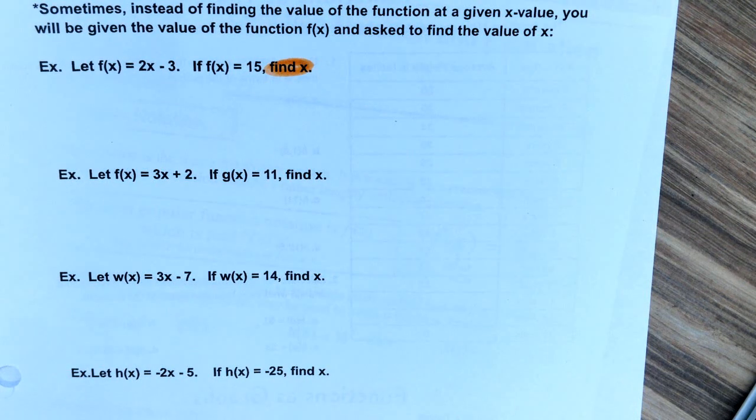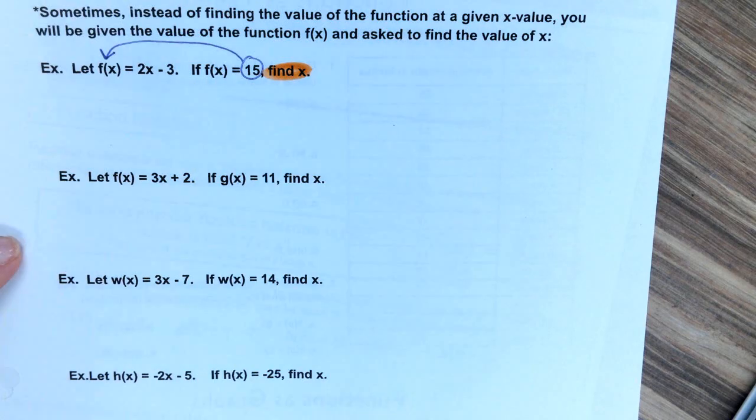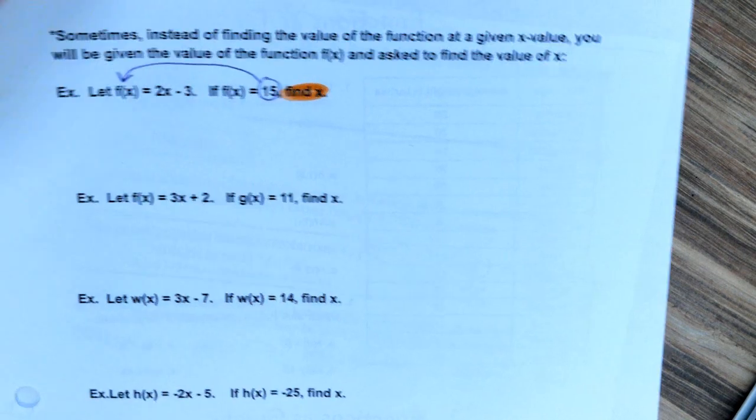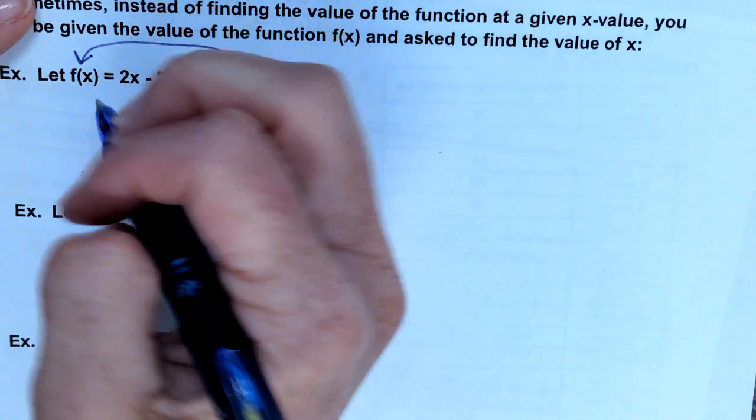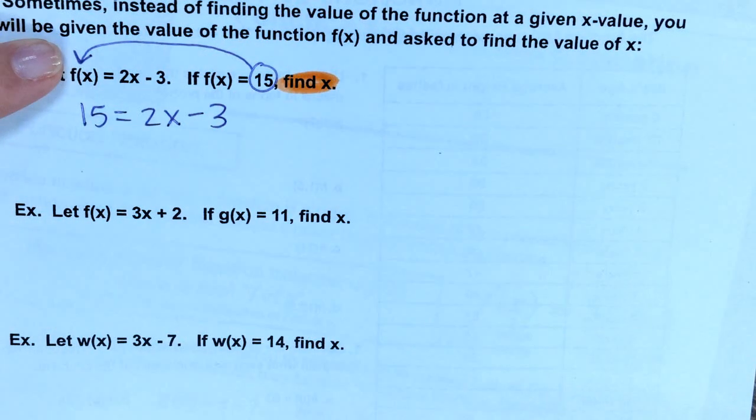If it says find x, then you're not plugging in for x. Make sense? You're going to take this number and you're going to plug it in for the function. So you would basically just say 15 equals 2x minus 3. And then you would solve the equation.